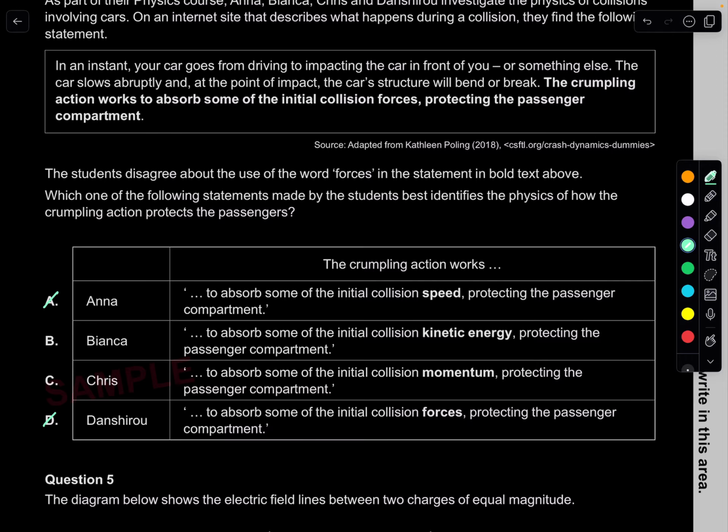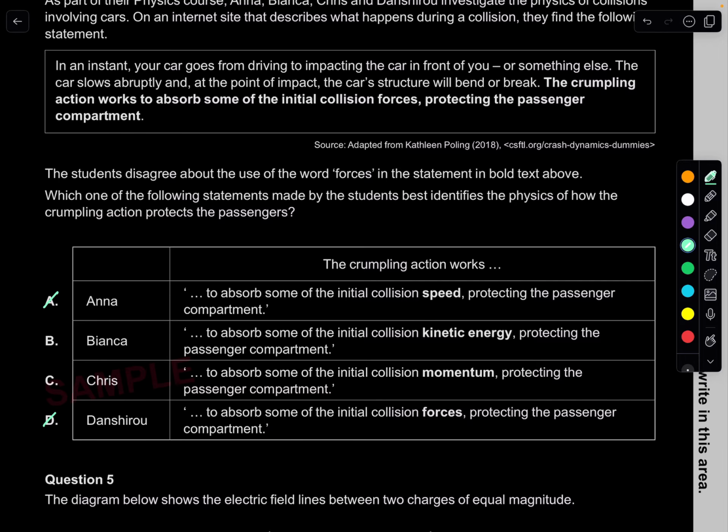What crumbling does is it takes some of that high initial kinetic energy and uses it to crumble itself. So it wastes some of that initial kinetic energy, which is great, because what does that mean? You have a low velocity when you hit the wall or something. So in terms of kinetic energy, it makes sense that the crumbling zone would absorb kinetic energy.